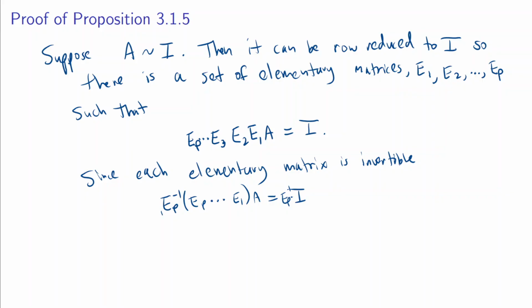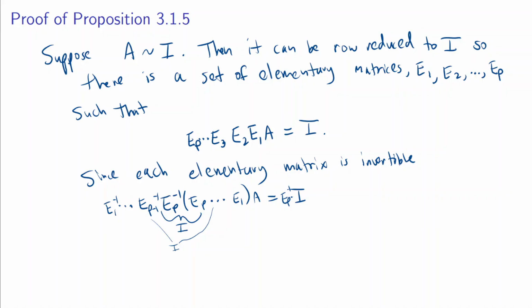When I reassociate that matrix multiplication, EP inverse times EP will be the identity. And then I can multiply by EP minus 1 inverse, and pair that with EP minus 1, which is in this dot, dot, dot here, and get the identity. And we keep doing that until we go all the way down to E1 inverse.